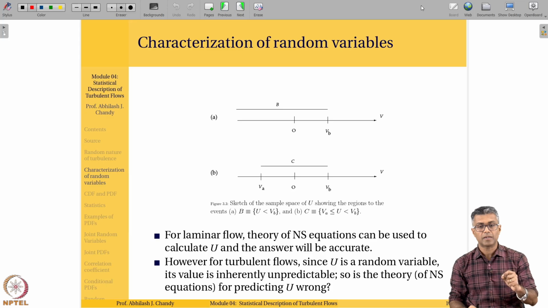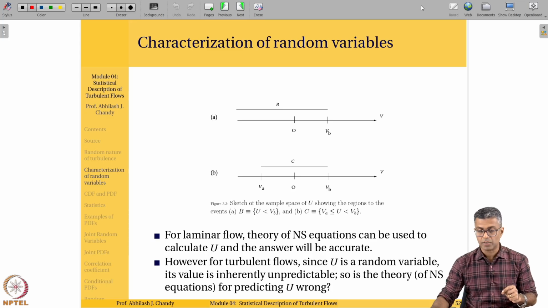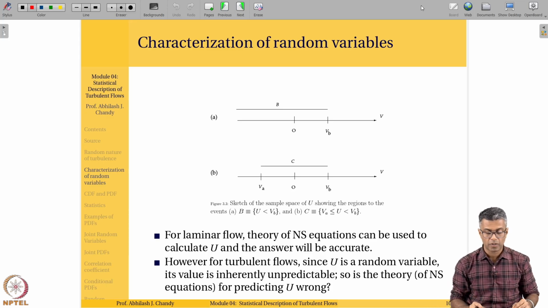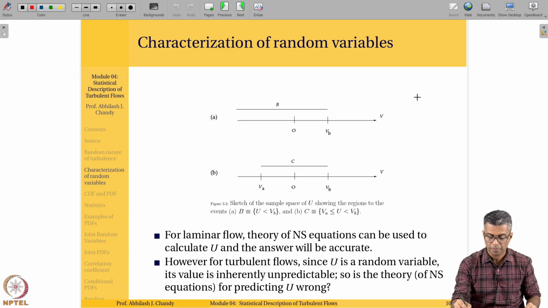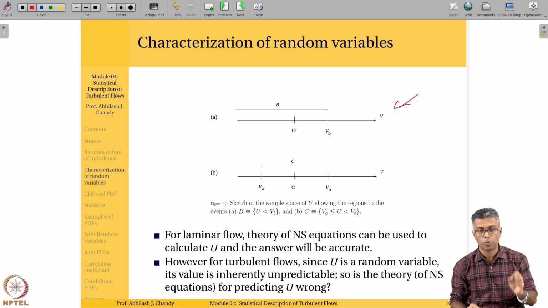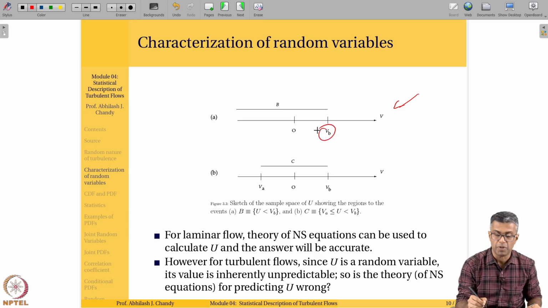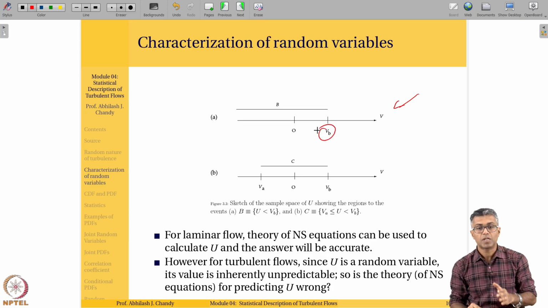So here what we are now doing is, if you look at the figure here on the slide, it is a sketch of the sample space showing the probability of events. The first one, A, is showing what is the probability of, say for example, velocity being less than a particular value Vb. What is the probability?